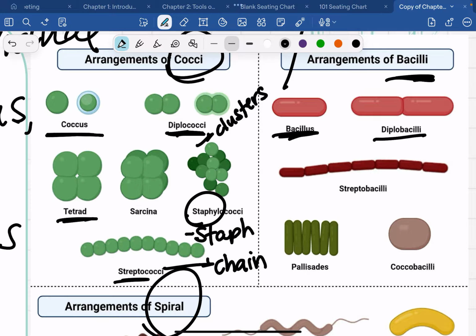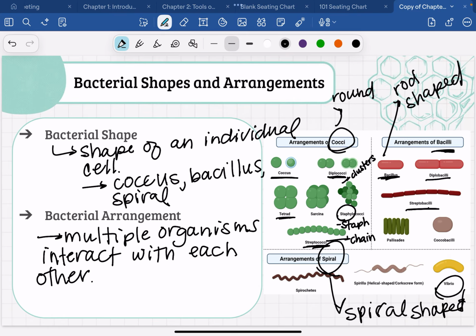Okay, so you can have streptococci, which is where you have lots of cocci stuck together in a chain. And then streptobacilli is when lots of bacilli are stuck together in a chain. Okay, so those are the four that you have to remember: diplo, tetrad, staph, and strep. Those are the four arrangements you have to know. The three shapes you have to know are cocci, bacilli, and spiral.